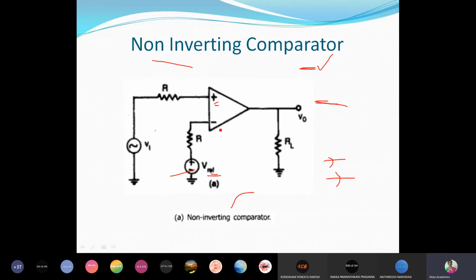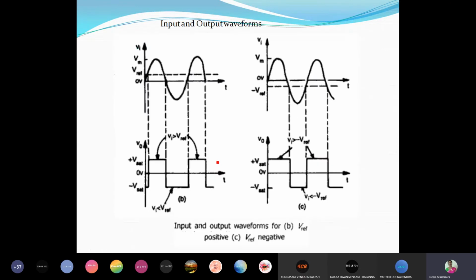Now this is the reference voltage, and this is the input voltage. Observe the waveform. This is the input waveform, and the reference voltage is taken here, some positive reference voltage. As long as the input voltage is less than the reference voltage, the output is at minus VSAT.